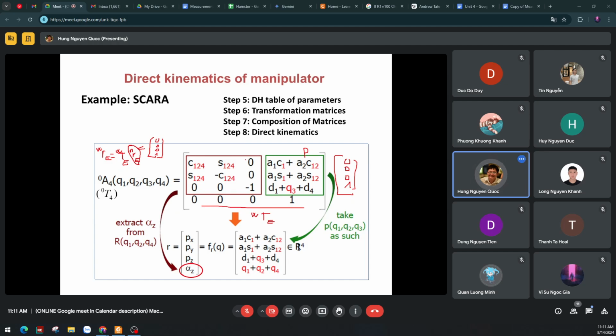And what is this one? This is the orientation matrix. So you can form the matrix and you will know what is the position and what is the orientation matrix.